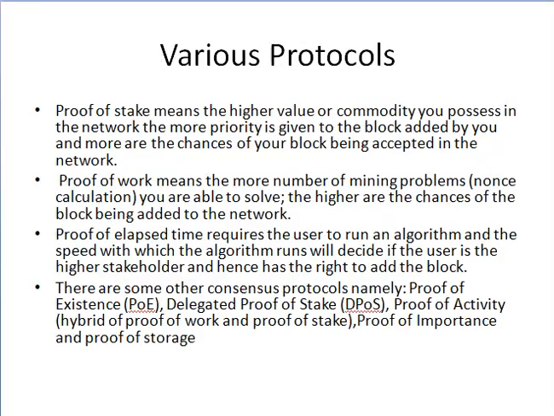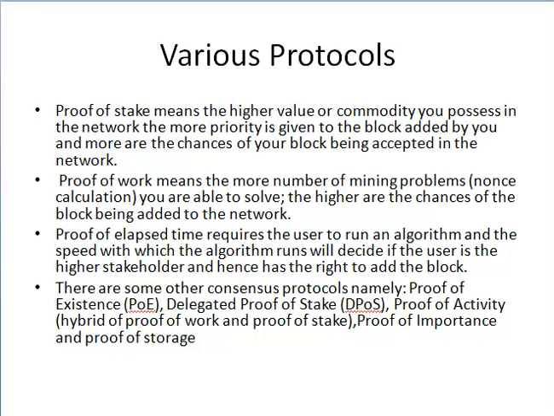And there are multiple protocols or methods for defining this consensus protocol. One of them is proof of stake, which means the higher the value or commodity that you possess in the network, the more priority will be given to the block that you want to add. So suppose you have more bitcoins, then there is a possibility that your block will be added with a higher priority. Then we have proof of work.